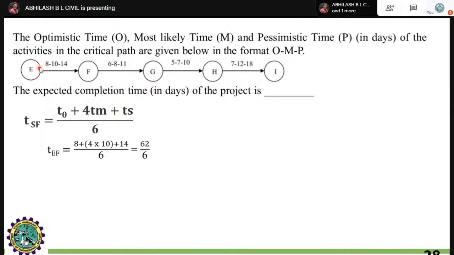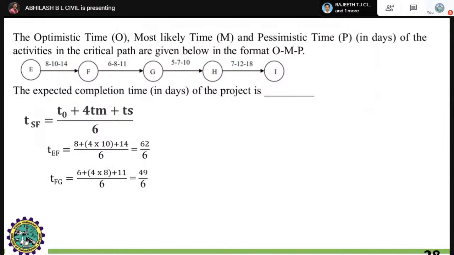You have to start jotting this down in the formula: TO, optimistic, 8, plus 4 times the most likely time, 4 multiplied by 10, plus TP, 14. That is the time taken to complete EF. TEF is given by 62 by 6. Keep it like this.